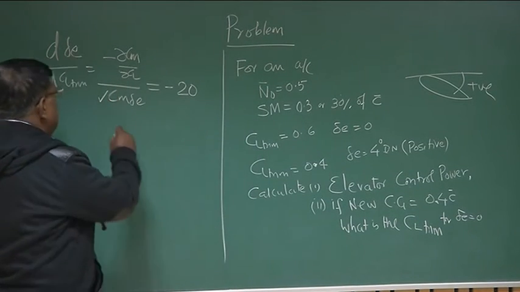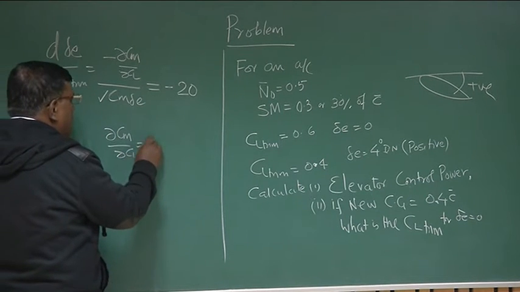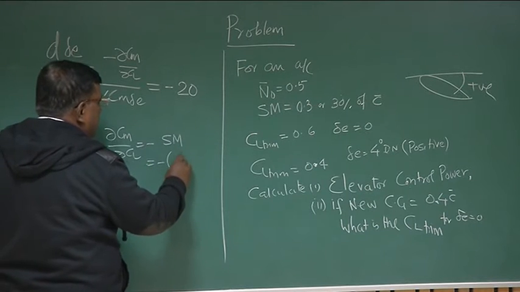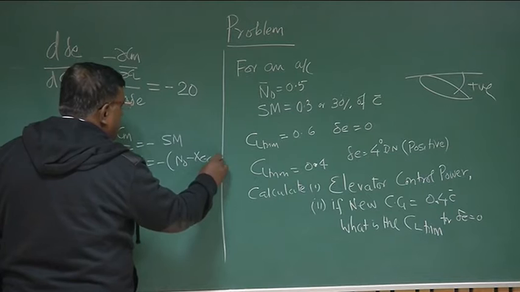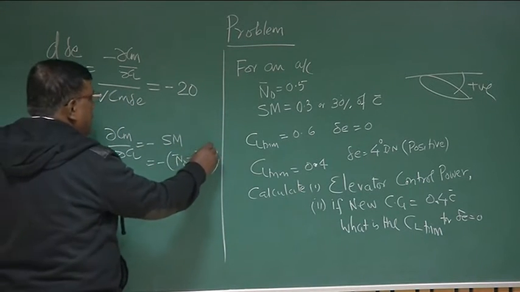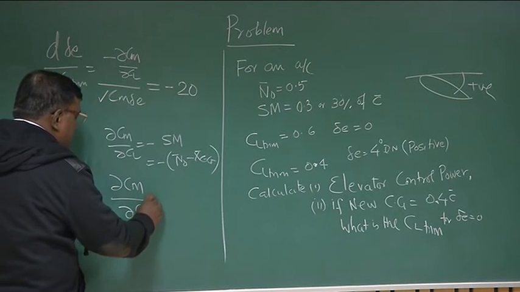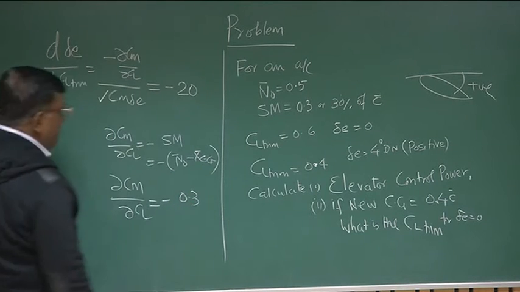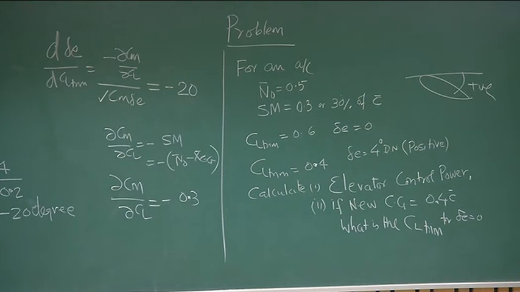We have derived that dCm by dCL equals minus static margin, which is basically minus (N naught minus XCG), with a bar because it is non-dimensional. From the data, dCm by dCL equals minus 0.3. As simple as that, the problem is solved.